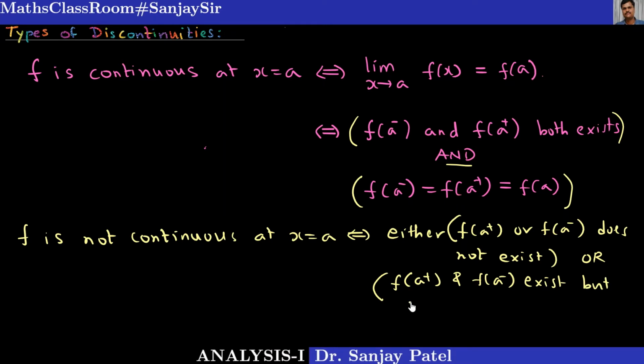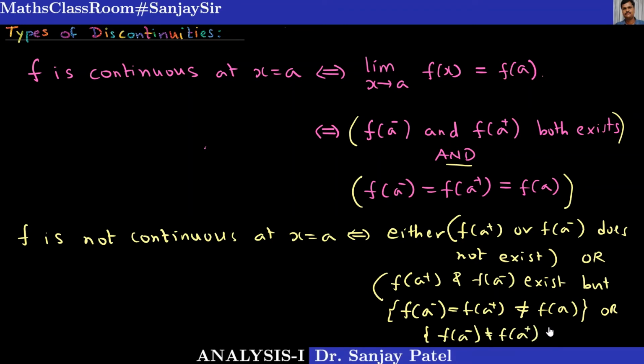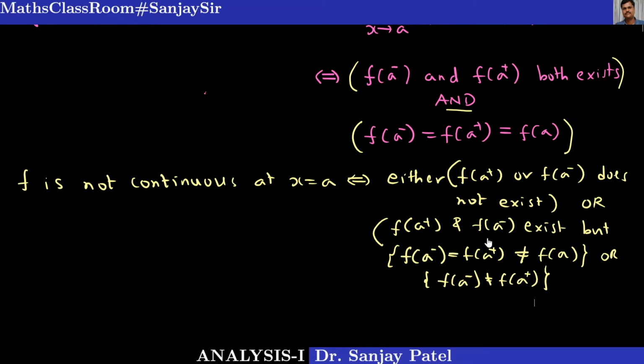Either we can have this situation, f of a minus is equal to f of a plus, but in that case this is not true, or I can have f of a minus is equal to f of a is not equal to f of a plus. In that case, the value of f of a is not at all important. So these are the three ways in which the function can be discontinuous or not continuous at the point x is equal to a.